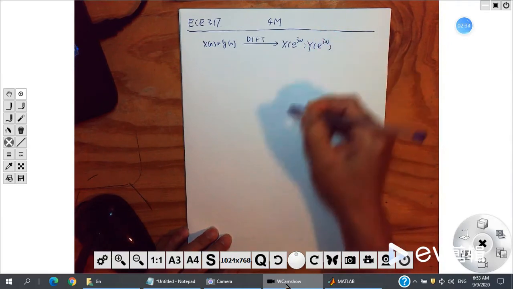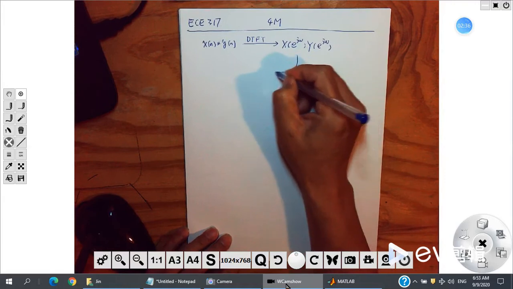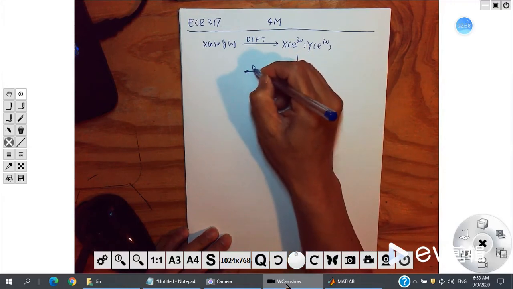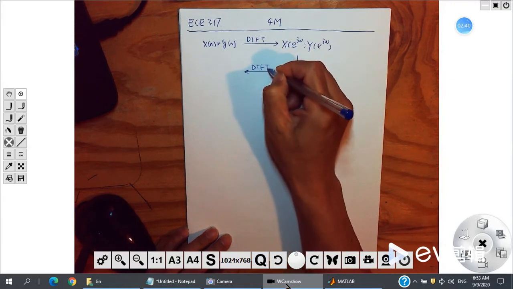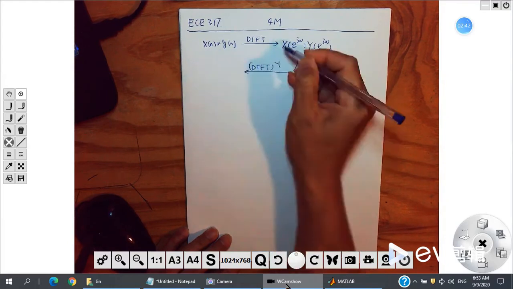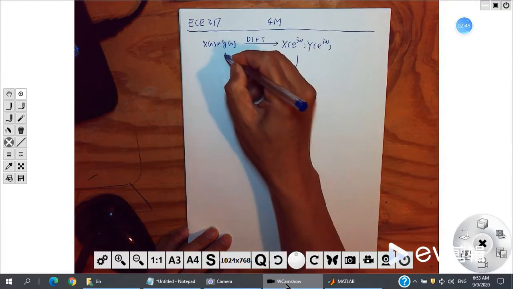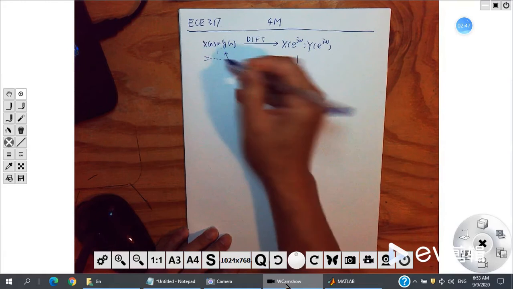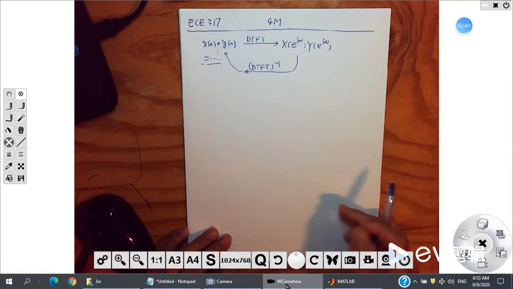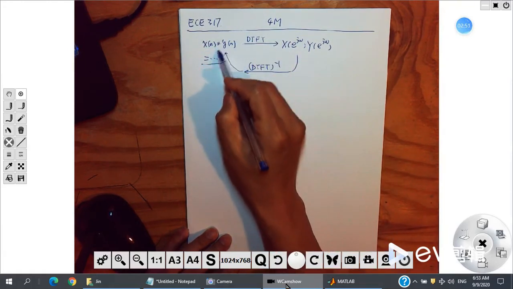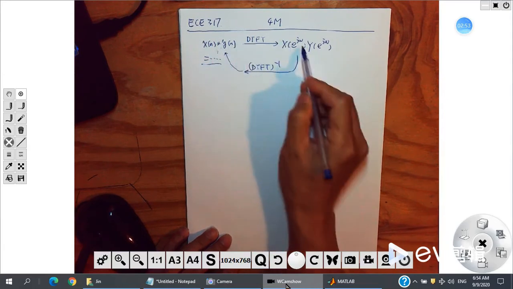We have this one, and then we perform the inverse DTFT. We have this equal to something. So this is the method. We do not perform the convolution directly. We go by this way.